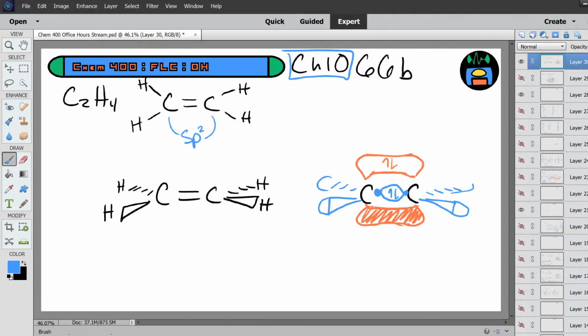Kind of 2 dashed sigmas. May not be the prettiest picture that I've ever drawn, but it'll get the job done. And these sigmas are all between carbon and hydrogen.